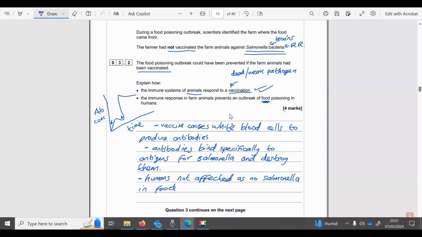Remember, they have been killed already in the animal. Now, lastly, because we haven't made it clear first, let's clarify that these 2 points here will be in the first part of our graph, which is this primary response.